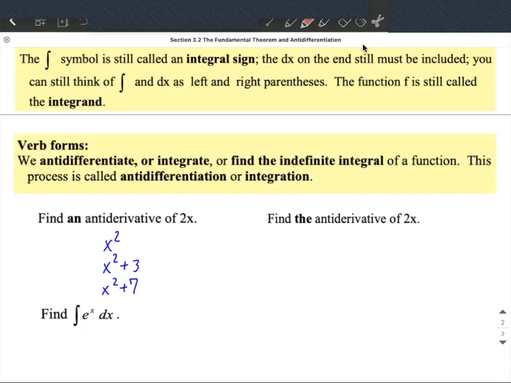But what if we wanted to find the antiderivative of 2x? This is where you have to have x squared, but you add a plus c at the end. And that plus c can represent any constant. So it could be like the 0 we had in the first one, or the 3, or the 7, or a negative constant. It's just going to be any number attached to the end. That would represent the antiderivative.